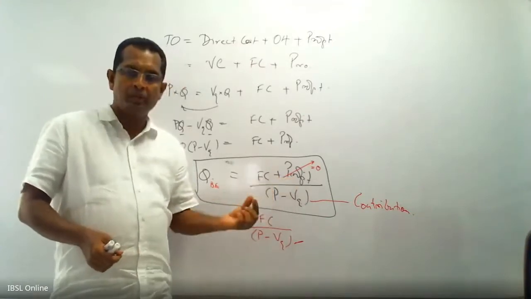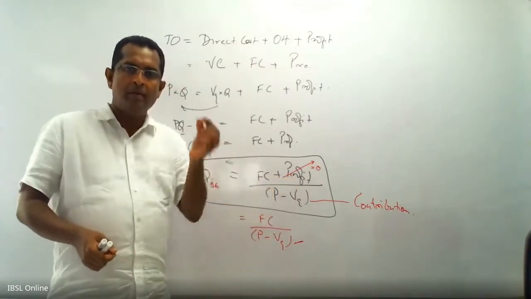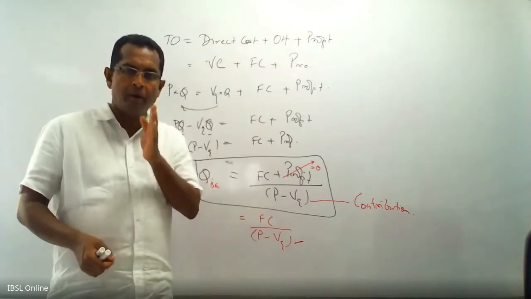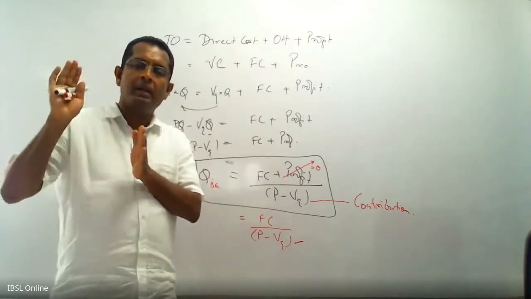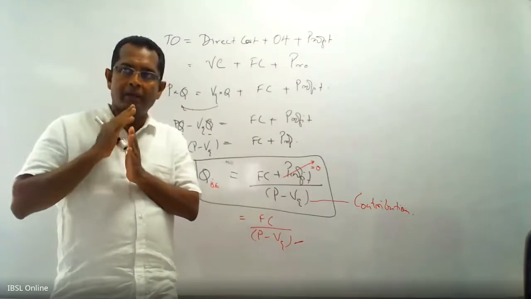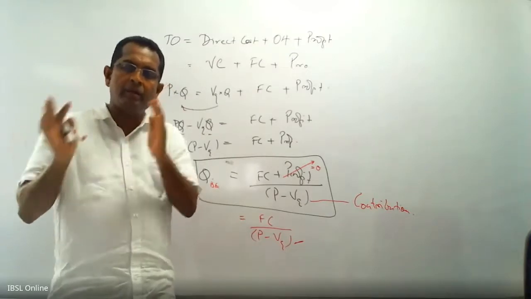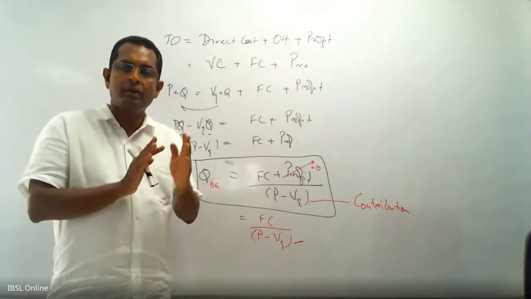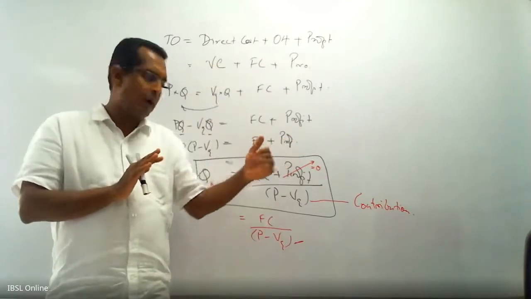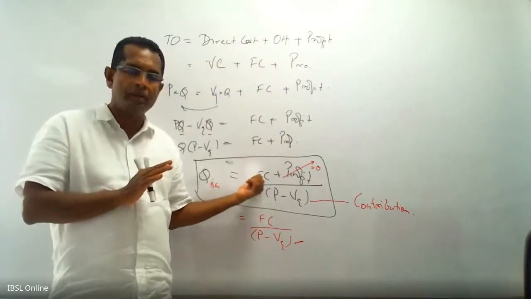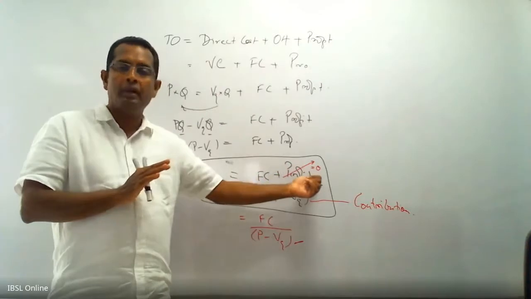Per unit you sell, what is the amount of money left out after compensating for the variable cost? What is the money left out to cover up the fixed cost and towards the profit?